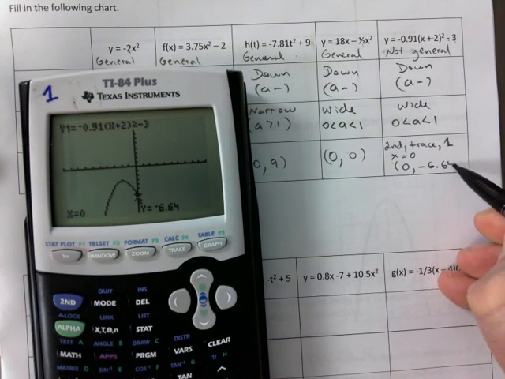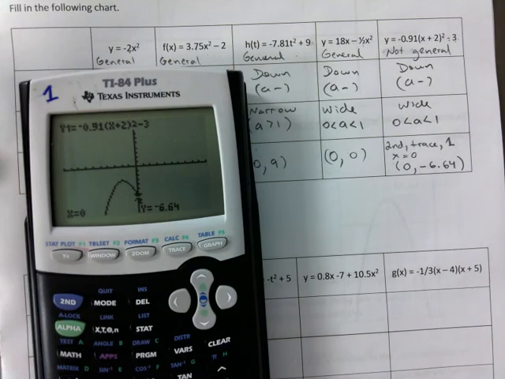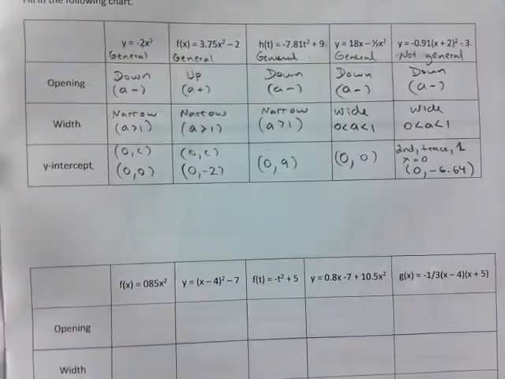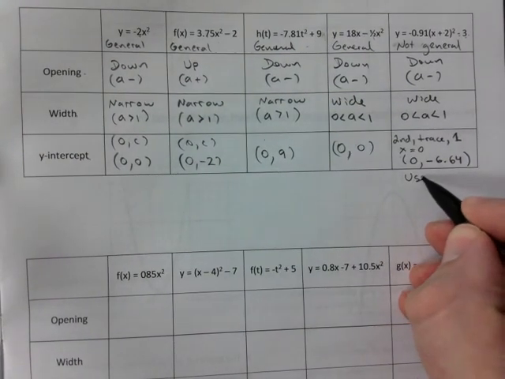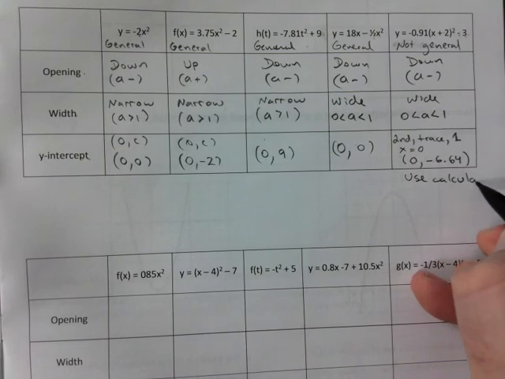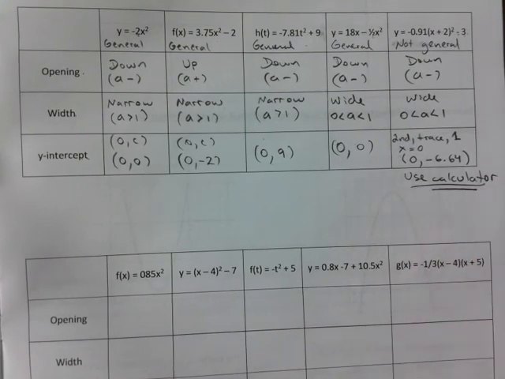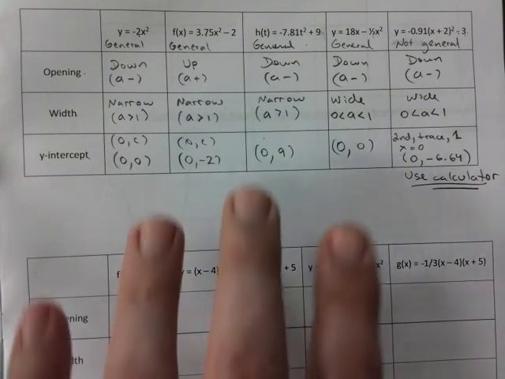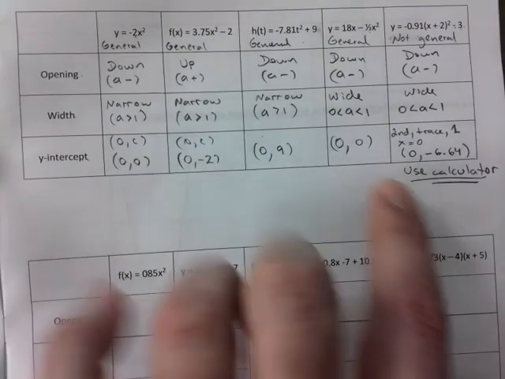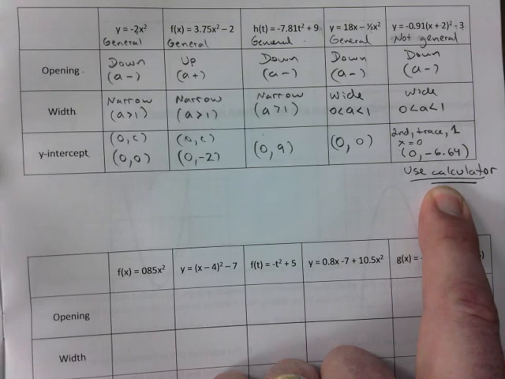Please use coordinates, because we don't want to mix up equations with actual points. So we have to use a calculator here for that last one, and I left it for last because I wanted you to first be comfortable with just the general form, and here's one where you couldn't do that.